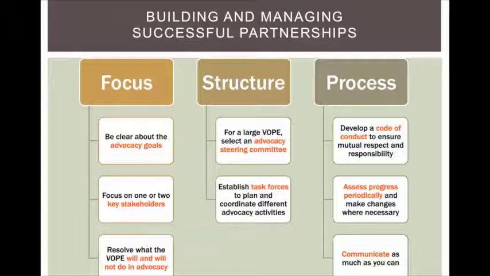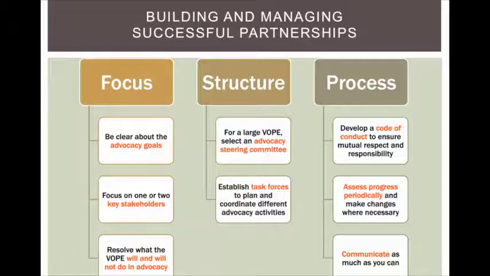The second thing is around structure. Structure is important, and especially for larger VOPEs or as your VOPE grows, think about setting up an advocacy steering committee, delegating this to a group of people, and then establishing task forces to plan and coordinate different advocacy activities.